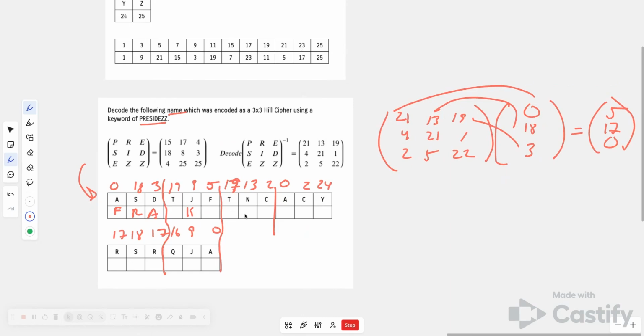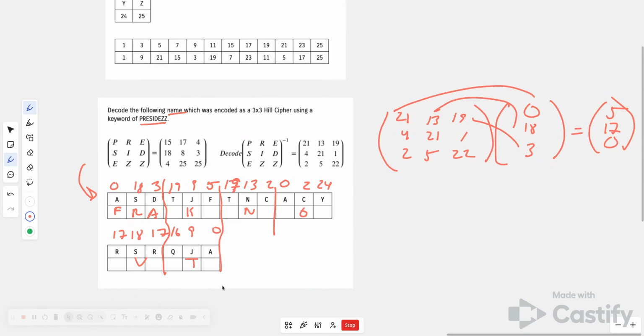It's just a ton of steps and repetition. This is N, this one is O, V, and T.